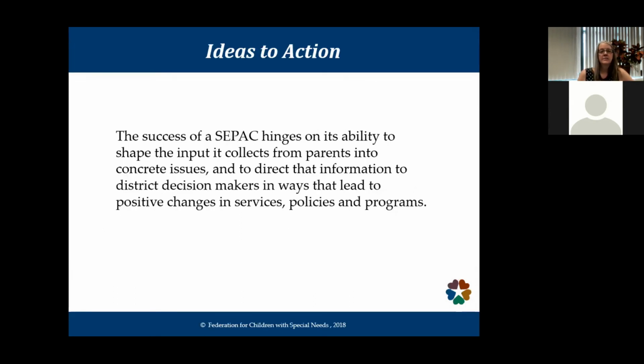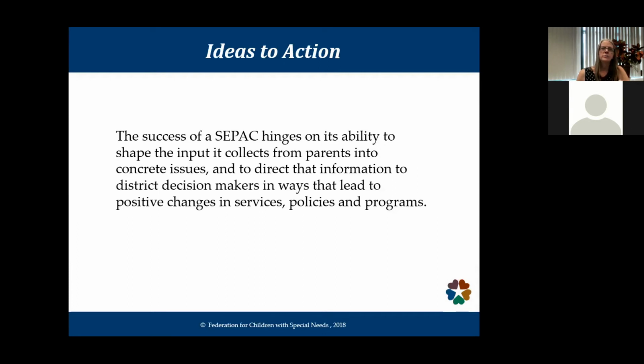Really the success of the CPAC hinges on the input from all the things it's collecting from families and people that are using the system. They need to prioritize and come up with what's the concrete issue that we want to bring forward.